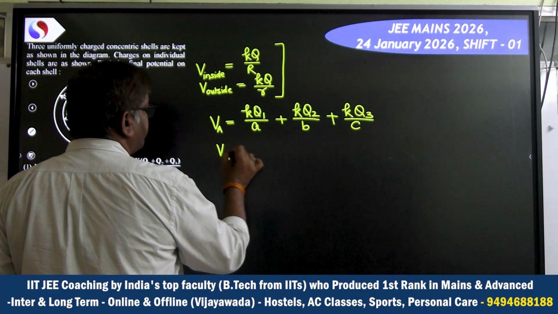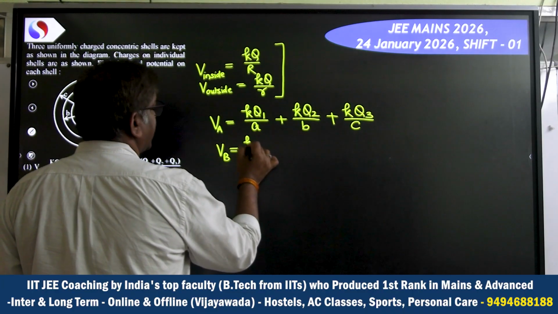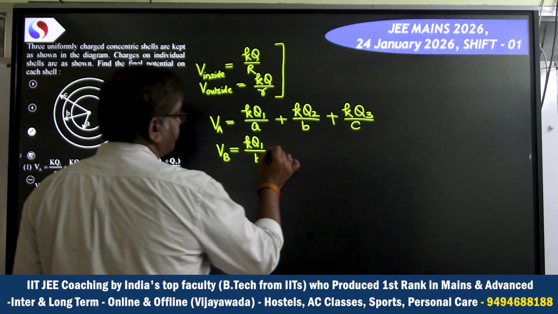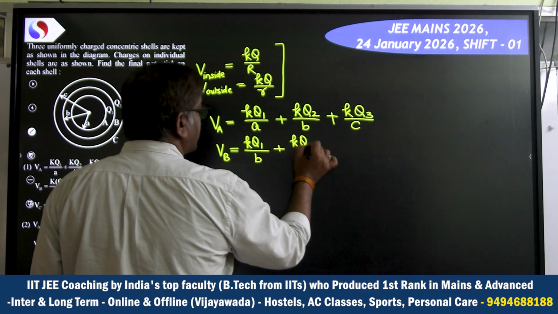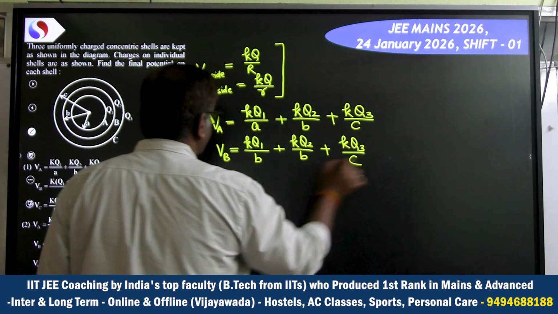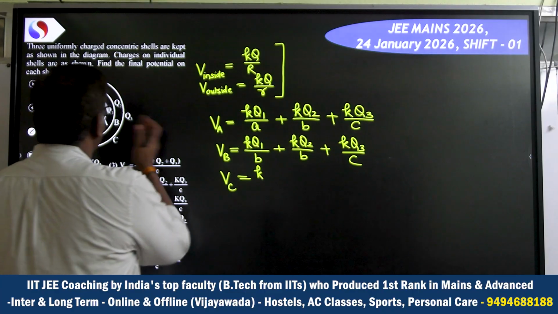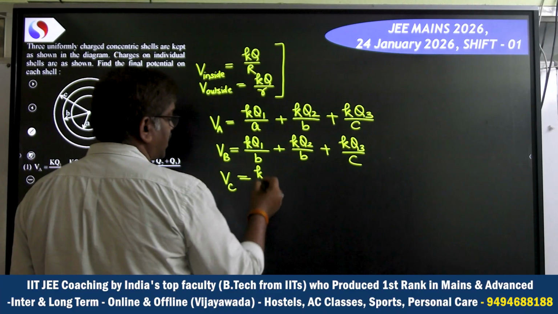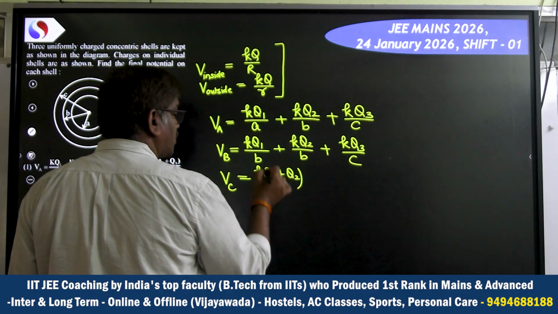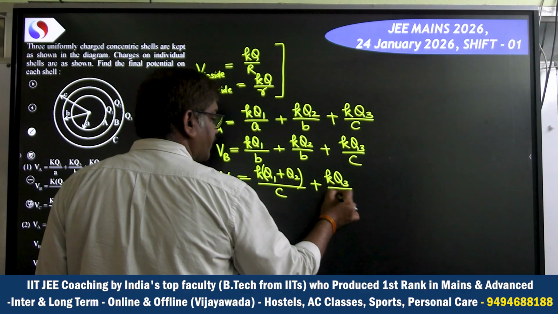Similarly, if I am writing VB, for Q1 the point B is outside, that's why KQ1 by small r, which is B. For Q2 it is the surface only. And for Q3 it is an internal point, that's why by c. And when I talk about VC, for Q1 and Q2, C is an external point, that's why K(Q1 plus Q2) by small r, which is C, and for Q3 it is C only because it is the surface.